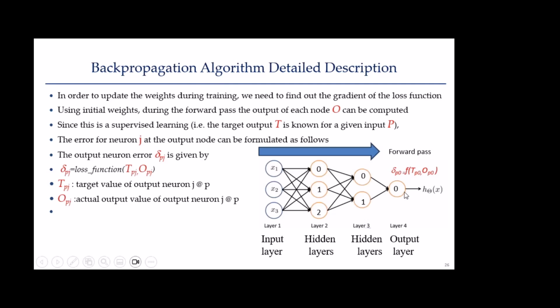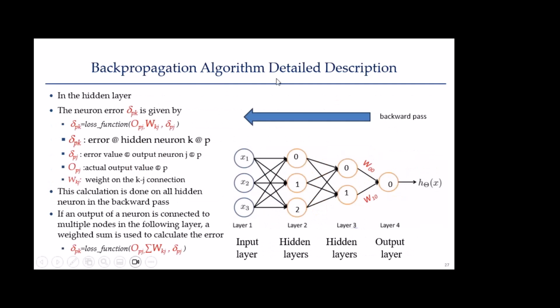We have good knowledge of what output has been produced for given weights, but we also have the target output. So given that we have the target output and the actual output, we can compute an error using the loss function we have defined for this training.